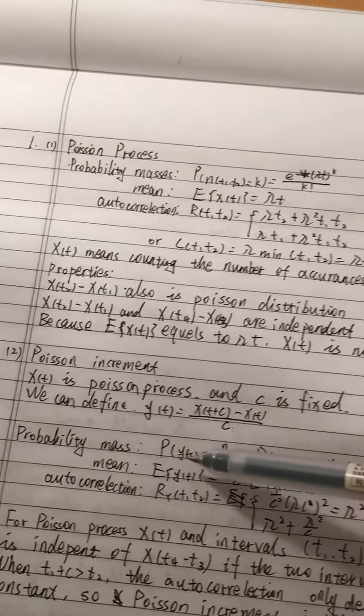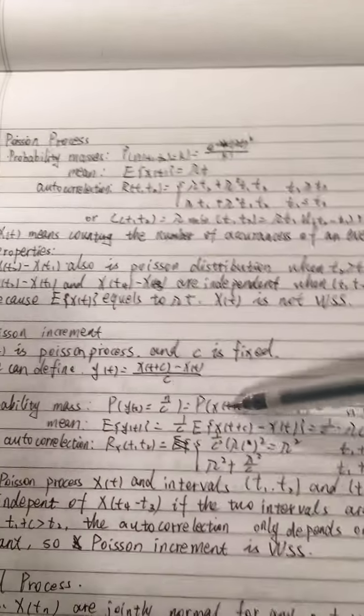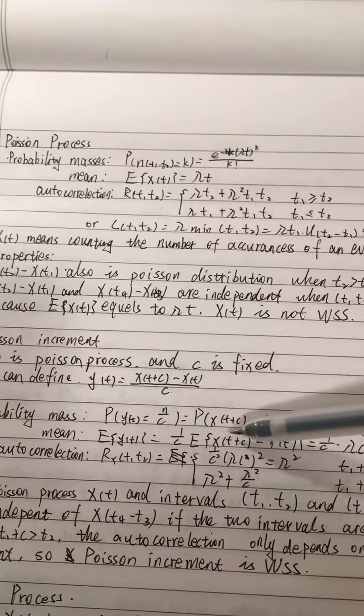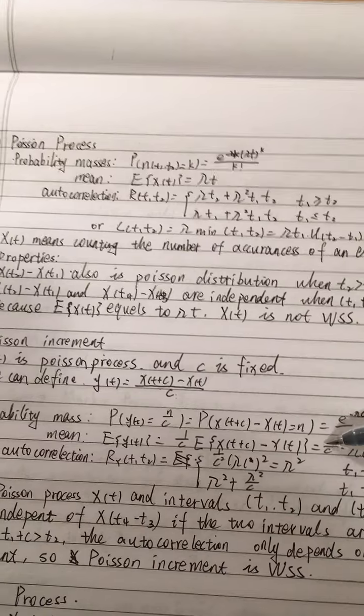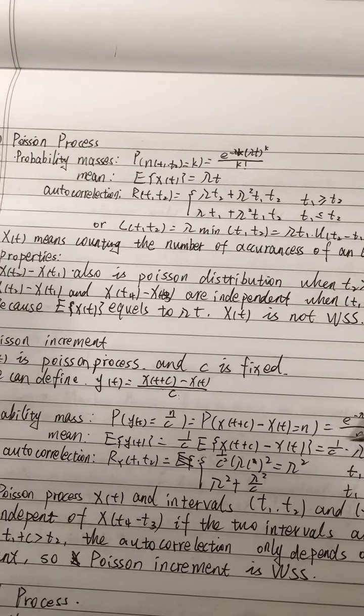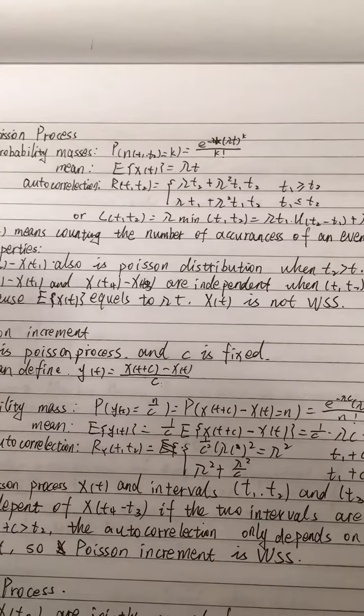And its mean is E[Y(t)] equals 1 over c multiplied by E[X(t plus c) minus X(t)] equals 1 over c multiplied by lambda multiplied by c, which equals lambda.